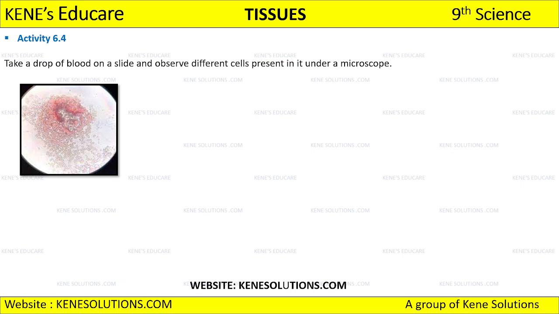We just studied that we will have red blood corpuscles, white blood corpuscles, and lastly platelets. Red blood corpuscles are important because they transport oxygen to each and every cell of our body.